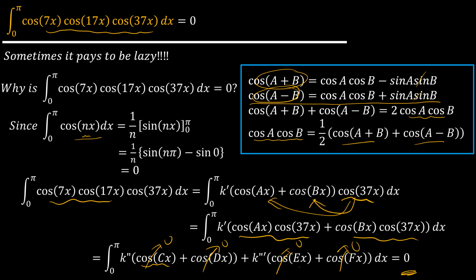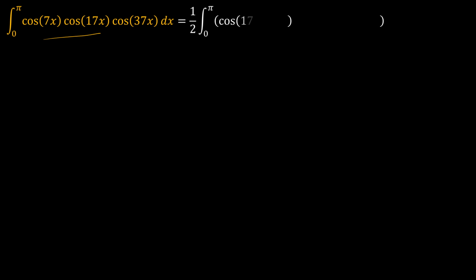So let's jump into the actual solution to this problem, right? If you are not lazy and you'd like to do the actual mathematics, the first thing is you'd look at this, and this is the same as half times cosine 17x plus 7x, plus cosine 17x minus 7x.